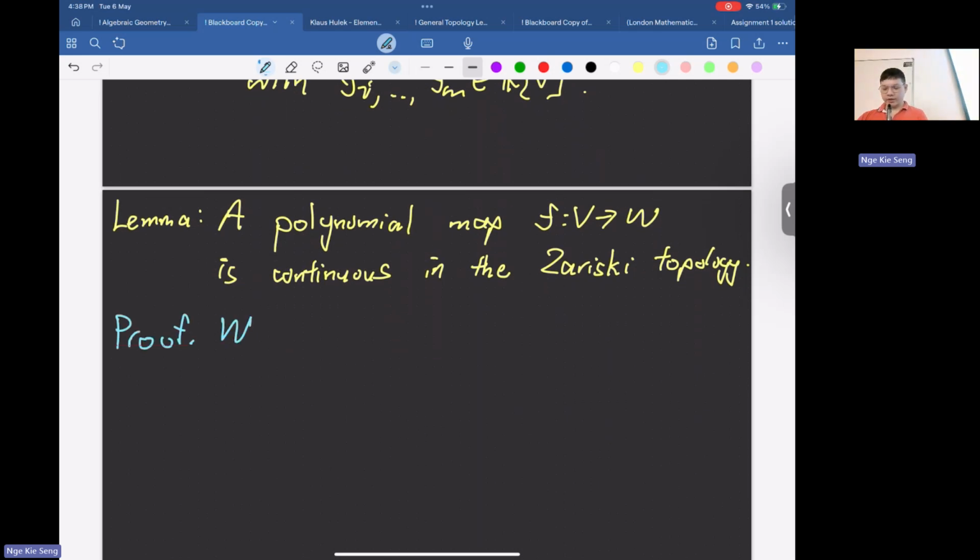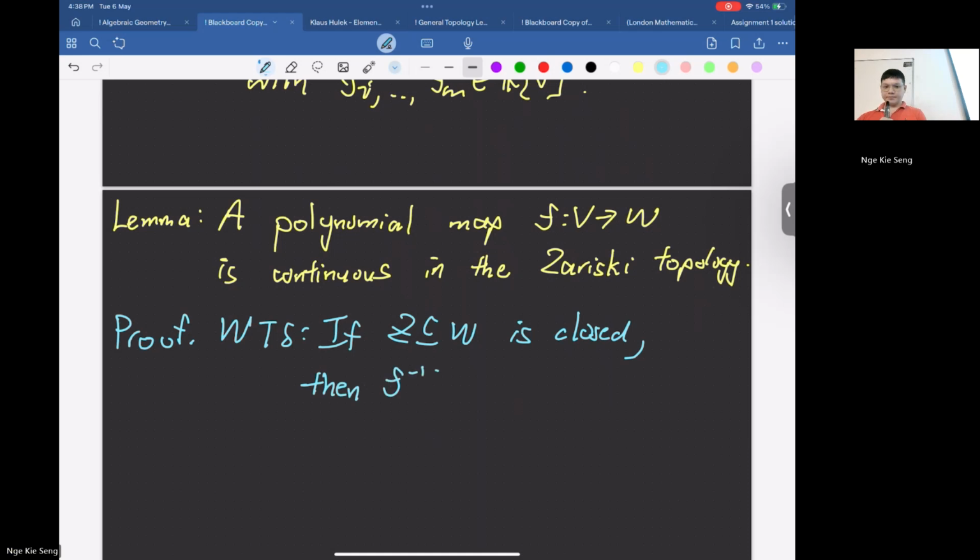So what we want to do is show that if Z in W is closed, then the inverse image is closed. Can you still recall what a closed set means in Zariski topology? Algebraic set. So you need to satisfy some zero set property, right?